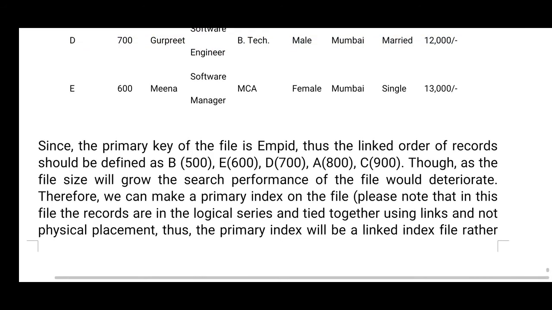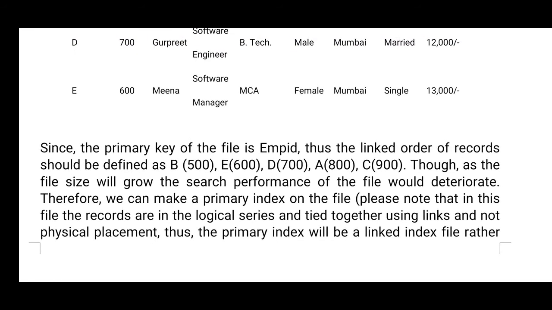Thus the primary key of the file is employee ID. The linked order of records should be defined as B500, E600, D700 and so on. Though as the file size grows, the search performance of the file would deteriorate.